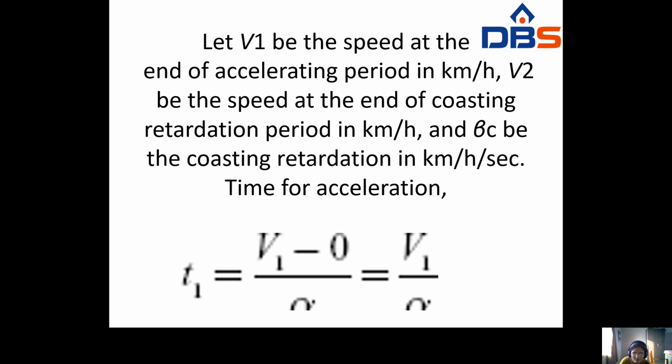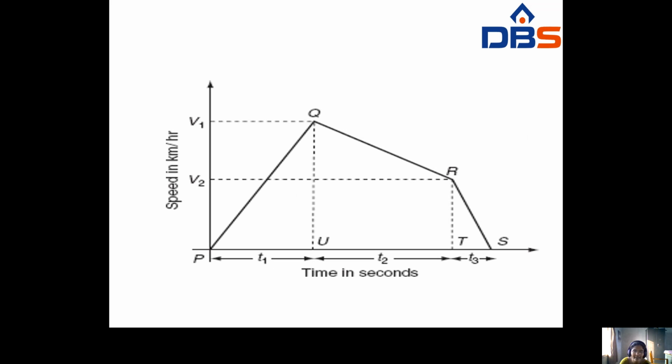Let v1 be the speed at the end of the accelerating period in kilometer per hour. This total is the acceleration period, and here the coasting period starts. So v1 is the maximum speed in kilometer per hour at the end of the accelerating period.